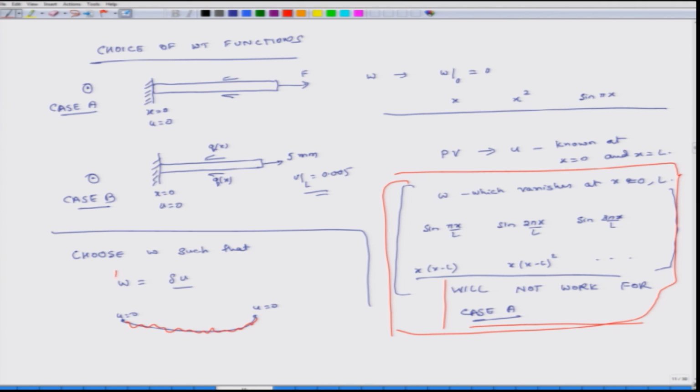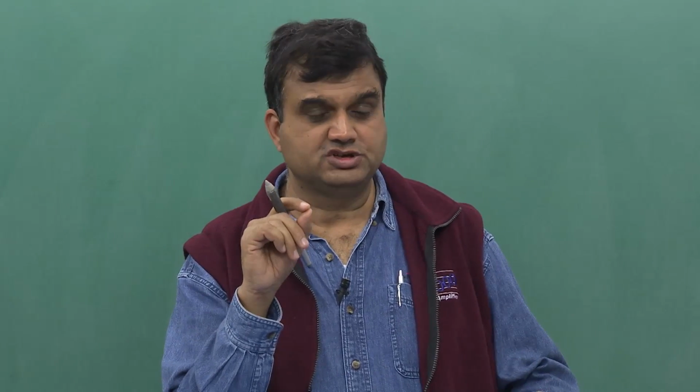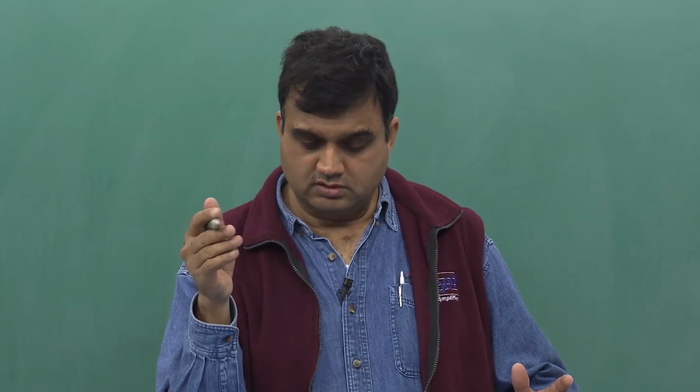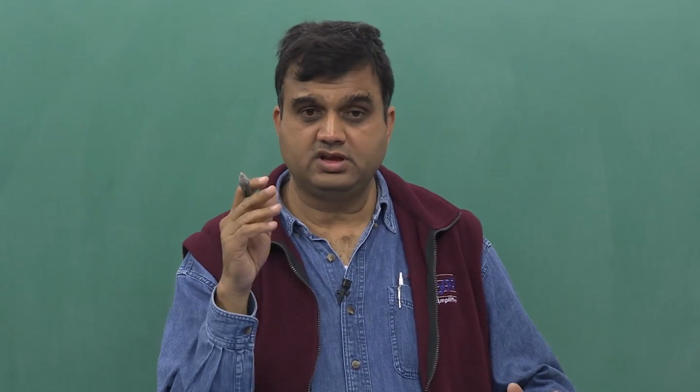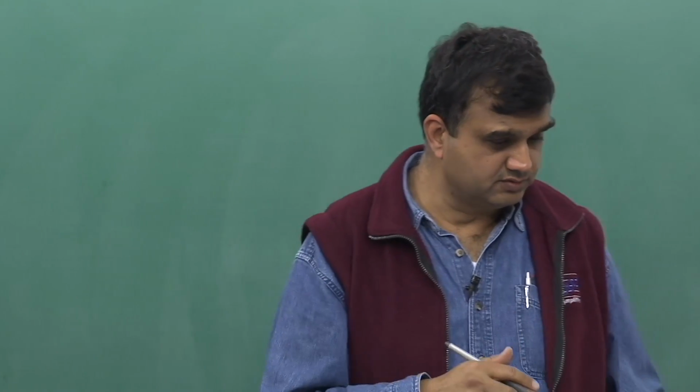So, once again I would like to restate that we choose w in such a way that they represent variations in the dependent variable. Wherever the dependent variable is known, at those places the value of w has to be 0. Wherever it is not known, w need not be 0.